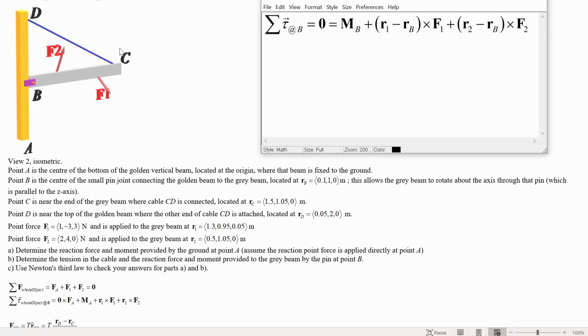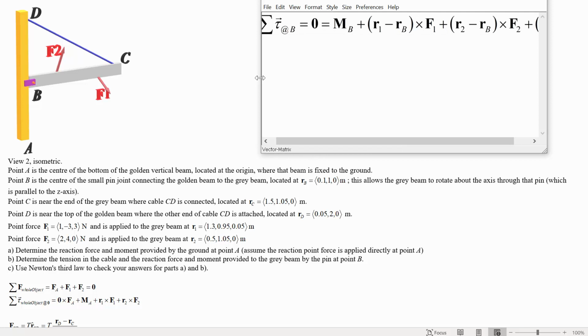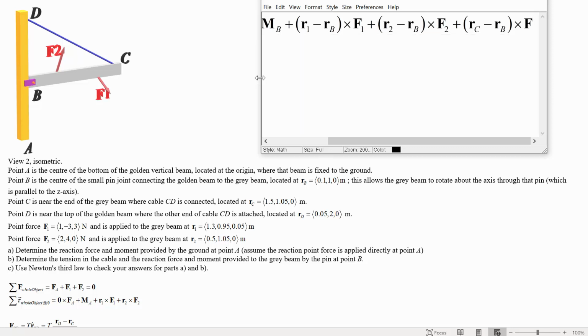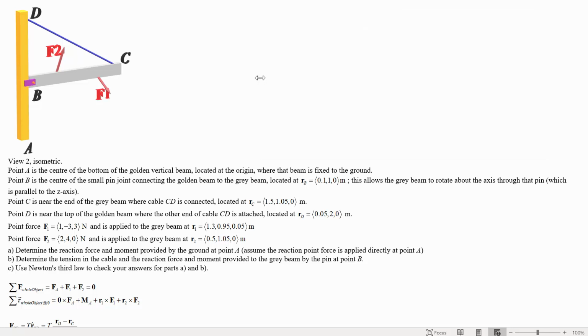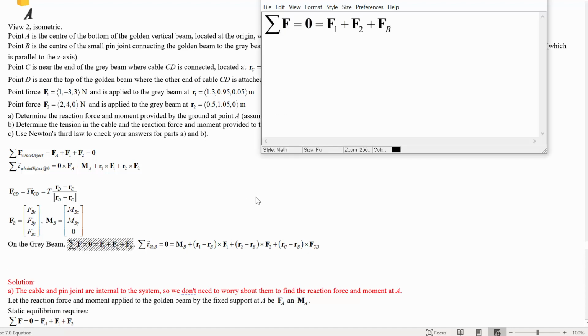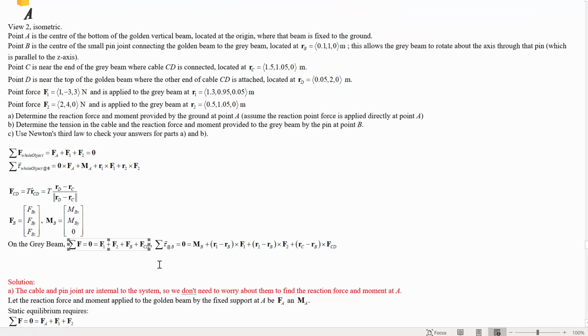And then the same thing for the cable, plus RC minus RB crossed with the cable force. Okay, so this is also equal to 0, and this gives us an equation we can use to solve for the moment. Oh, wait a minute, I forgot the cable force in this first one. Right, so we've also got the cable force acting on the beam.